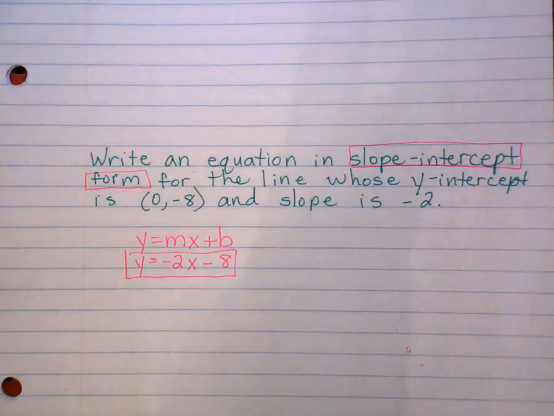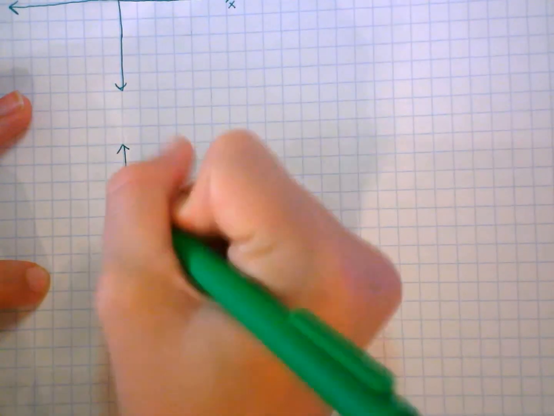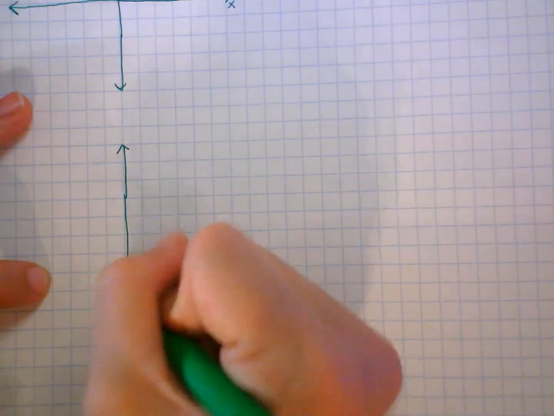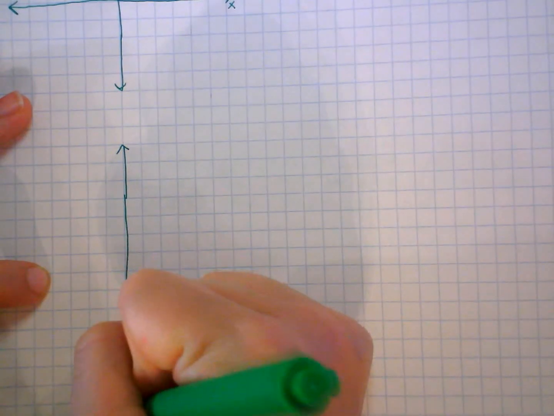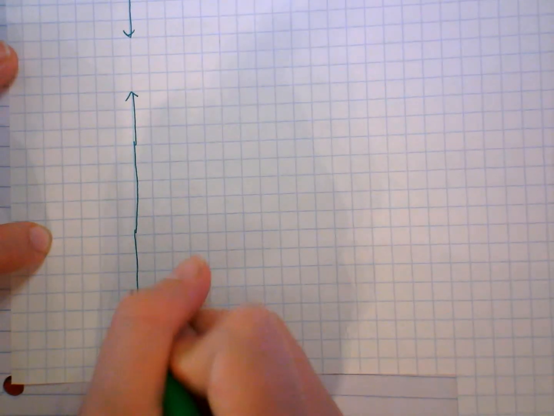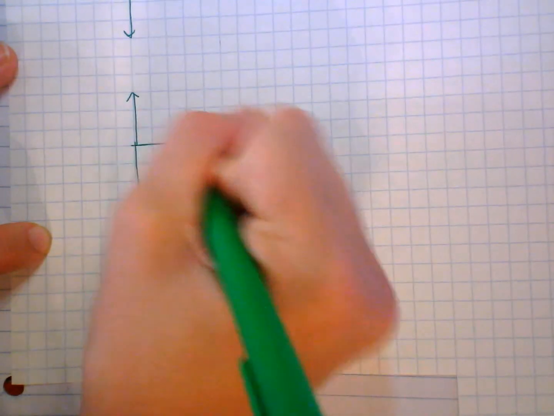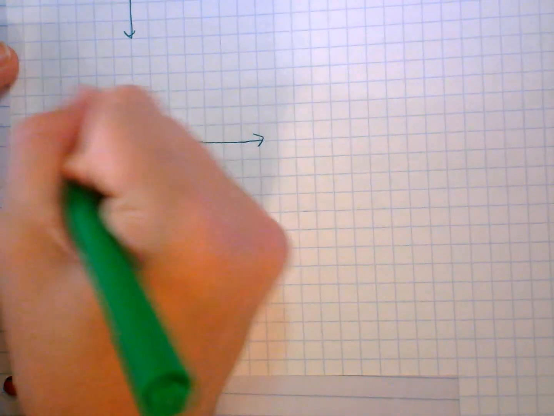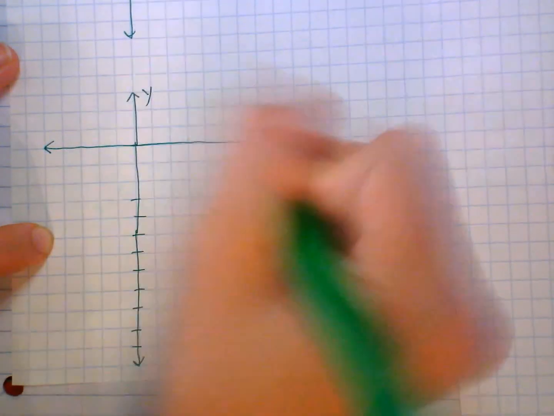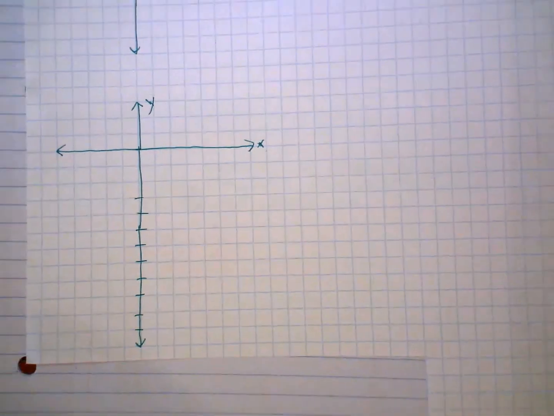Now if I want to graph it, I'm going to do my coordinate plane. I know it has to go down far to -8, so I'm going to count 8, 7, 6, 5, 4, 3. Okay, so I'll start this up higher. Let's just do it right there. So that's my y-axis, that's my x-axis.